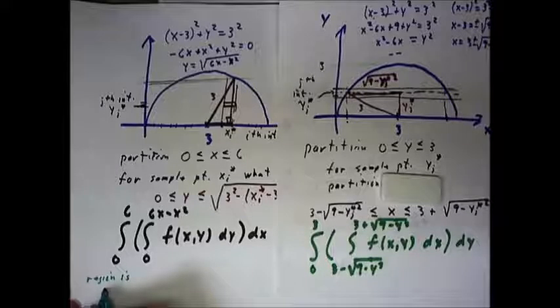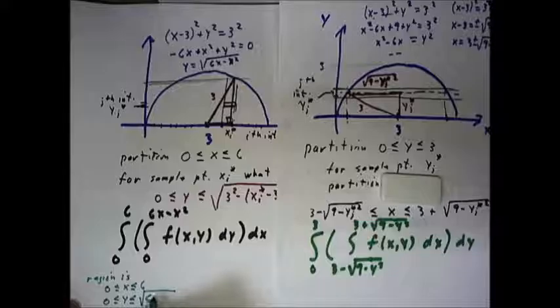We could describe that by 0 less than or equal to x less than or equal to 6, and then for given x, 0 less than or equal to y less than or equal to the square root of 6x minus x squared.